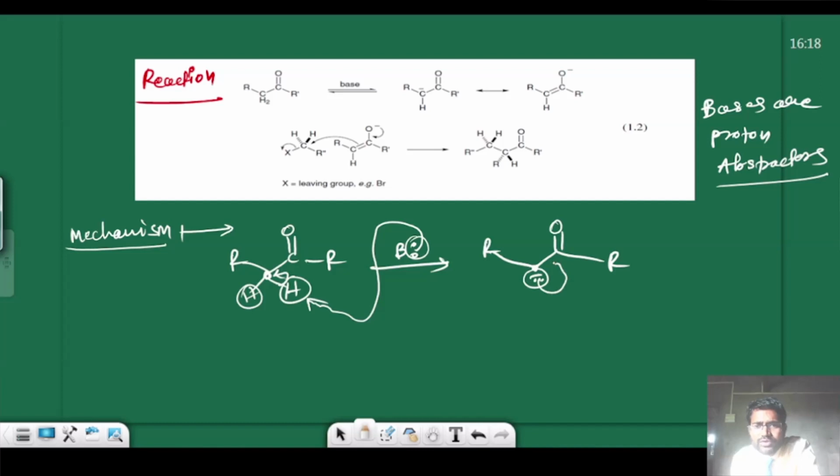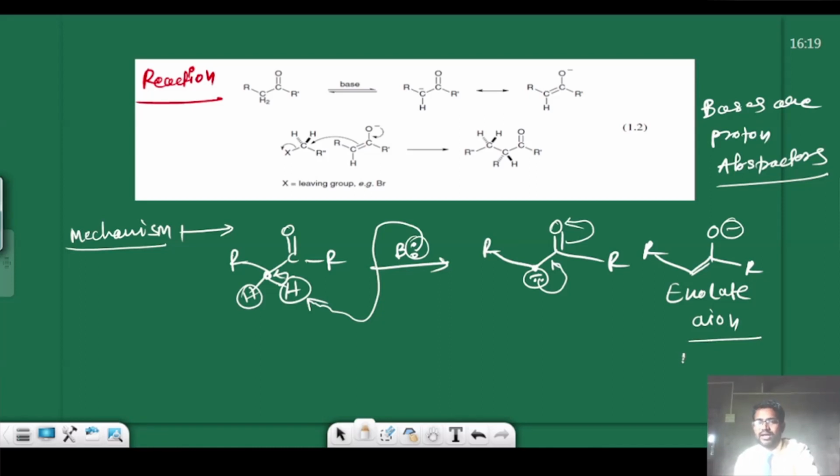So it will delocalize like this, and there is a formation of negative charge on this oxygen. This oxygen will carry the negative charge. So this is nothing but the enolate ion.